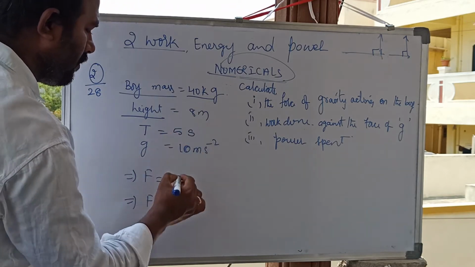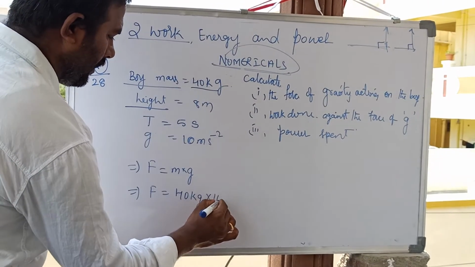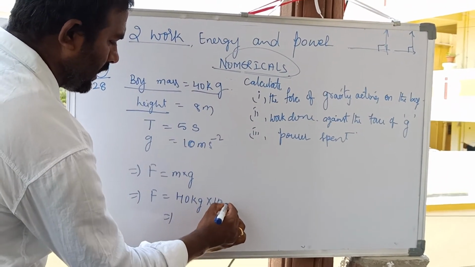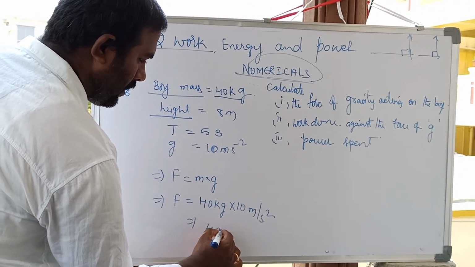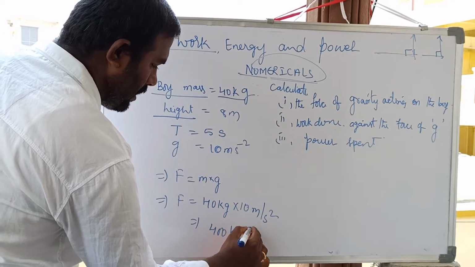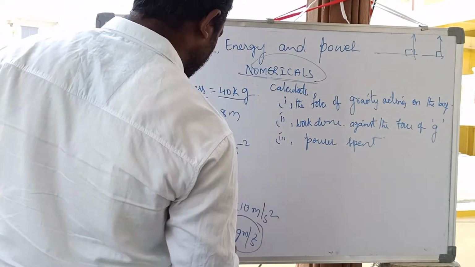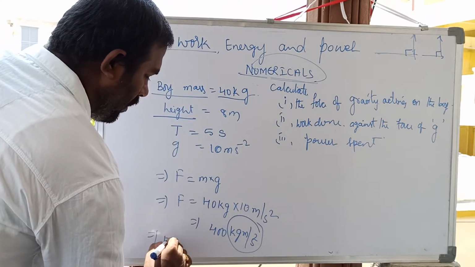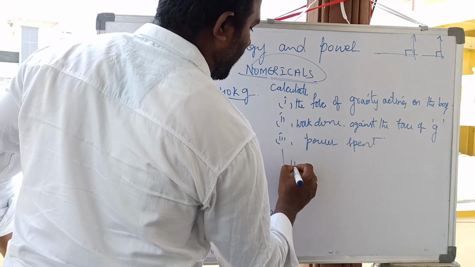M is 40 kg, g is 10 meters per second square, which is 400 kg meter per second square. Kg meter per second square is taken as newtons. So F is equal to 400 newtons.